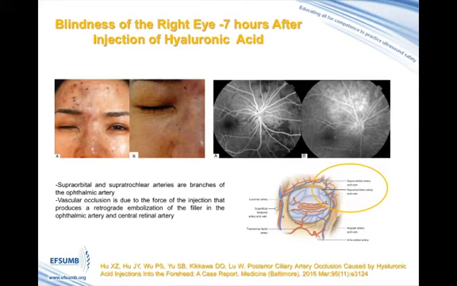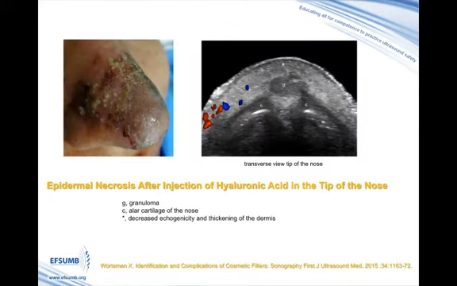Another complication is the presence of epidermal necrosis due to the embolization of dermal and subcutaneous arterial branches. In this case, there was an occlusion of the branches of the alar arteries due to the presence of a granuloma in the subcutaneous tissue that probably caused an alteration of the path of the tip of the needle during the procedure.